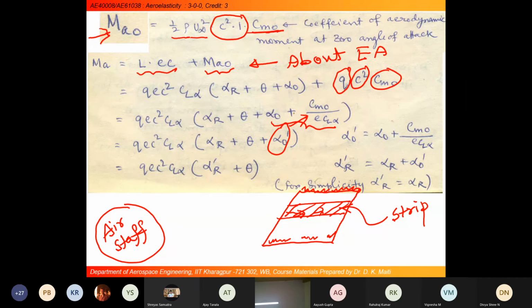Roughly I will get the payload and what other job the aircraft has to do, how much load can come. With that load, I will back-calculate what aerofoil is required, what type of aerofoil I need, and then what span length I need. That is the preliminary design.